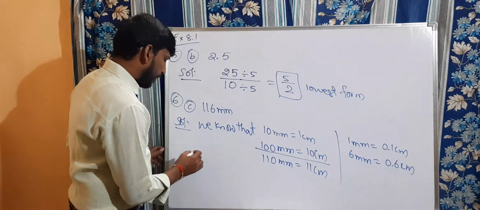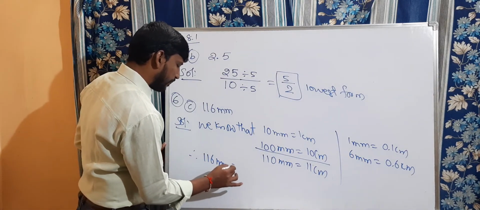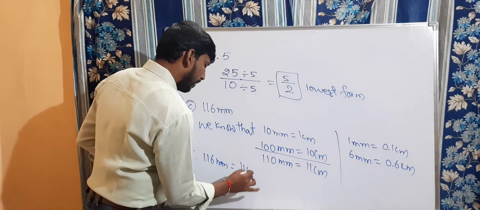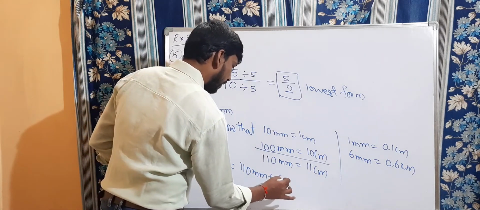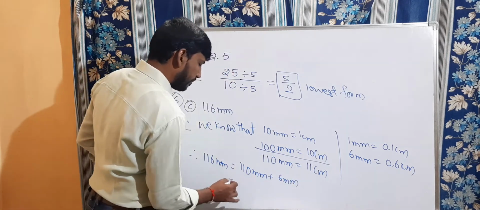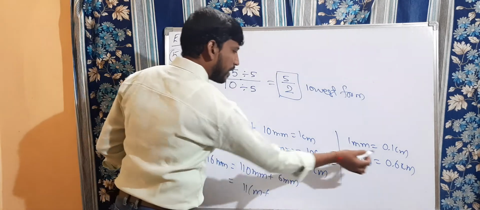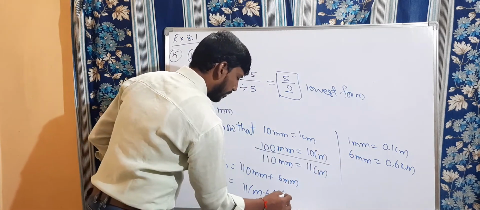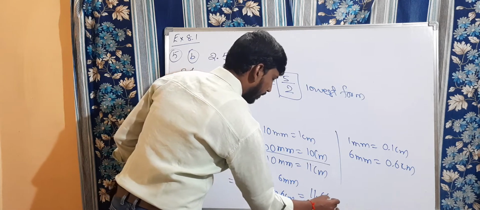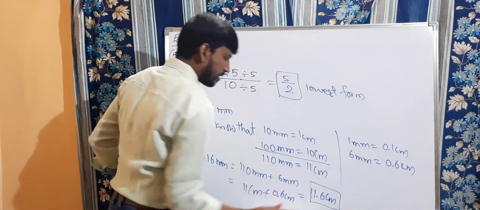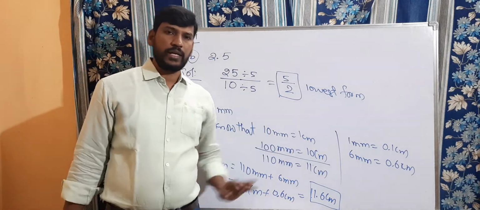Therefore, 116 millimeters can be written as 110 millimeters plus 6 millimeters. So 110 millimeters is 11 centimeters, plus 6 millimeters is 0.6 centimeter, which is 11.6 centimeters. This is the process to convert millimeters into centimeters.